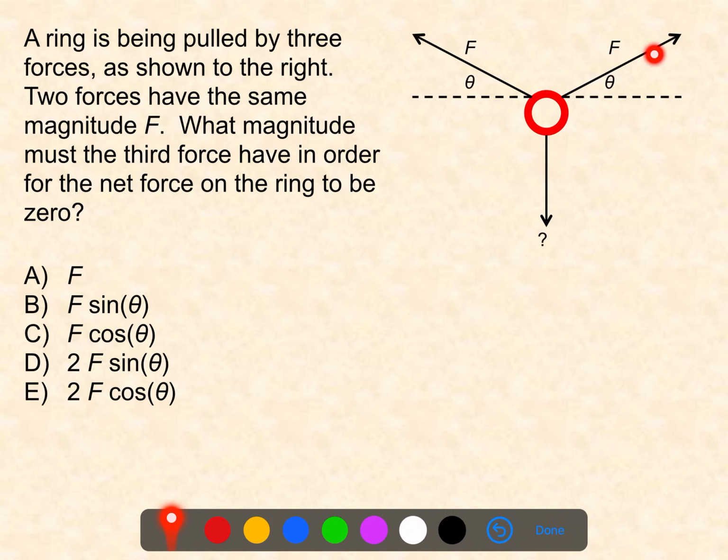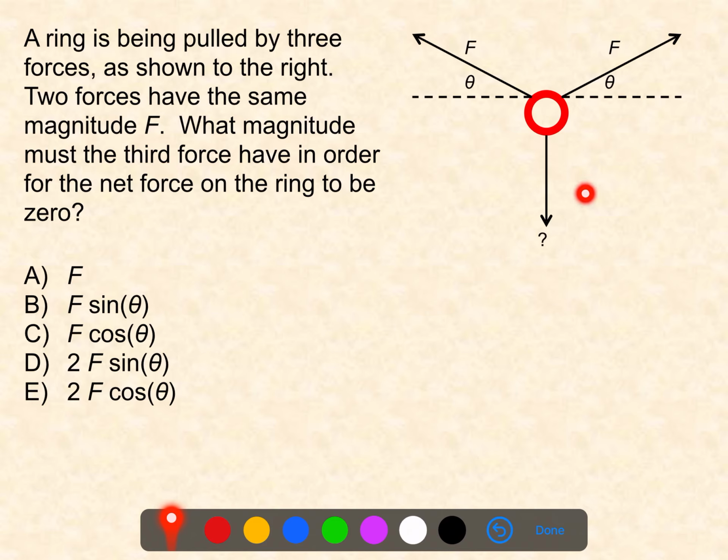One is pointing off towards the northeast direction and the other towards the northwest direction. And so the question becomes, if I want to balance the forces on this object so that I have a net force of 0, in other words, I want to cancel these two vectors with a third vector, what does the magnitude of this vector need to be?